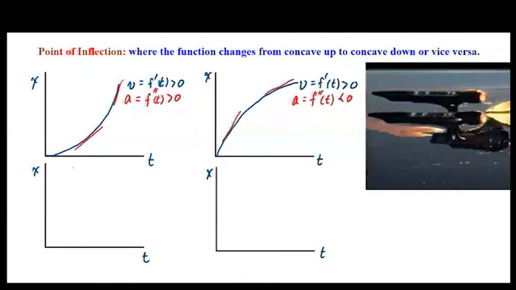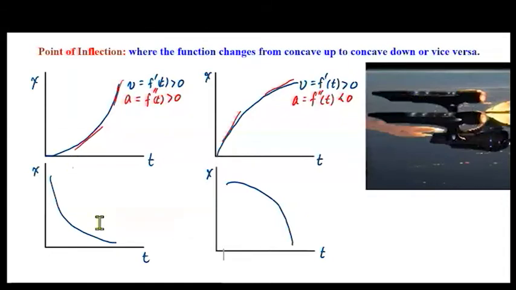Okay, now let's consider a couple of different motions. I want you to consider this motion, and that versus this kind of motion. Both of these, are they moving forward or backward? This starship is moving backward, right?